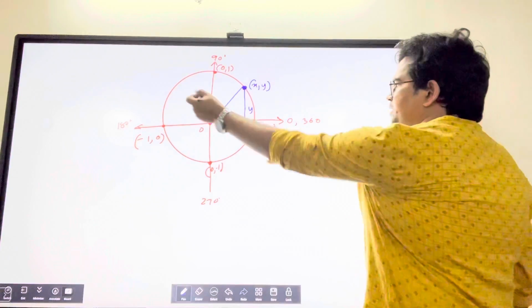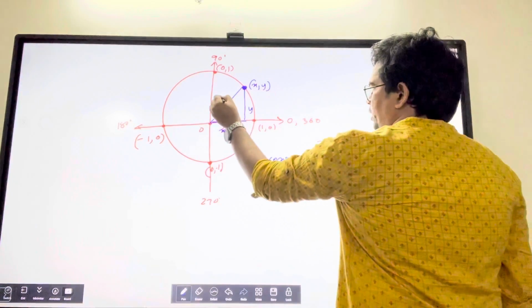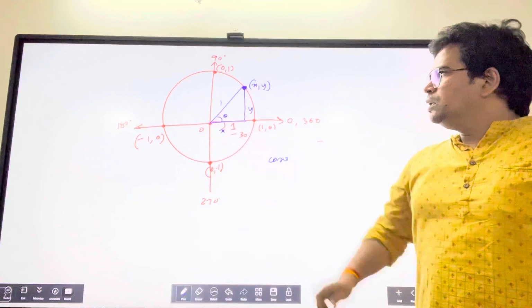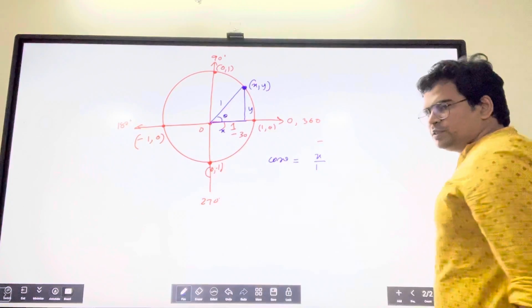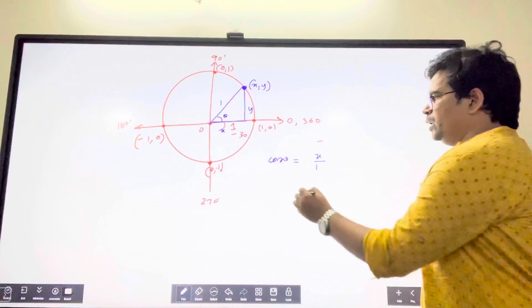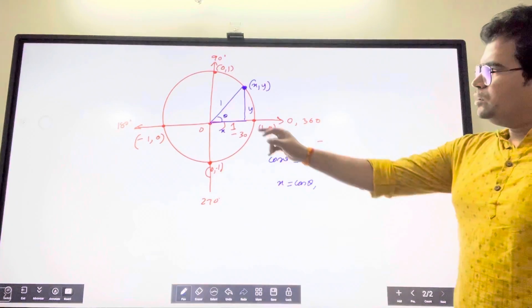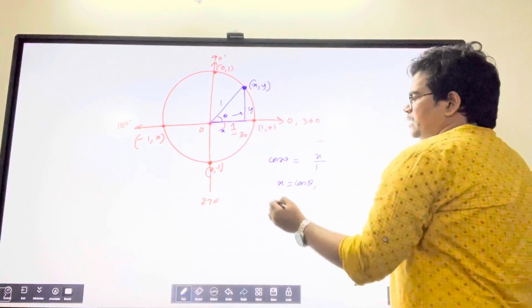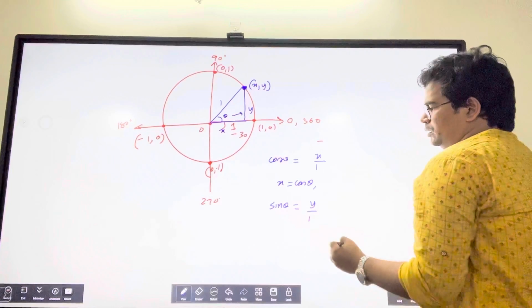So what we have is cos theta. If I apply this in the triangle, since the hypotenuse is 1, since it is the radius of the circle, cos theta is going to be adjacent upon hypotenuse, which is x upon 1. So x equals cos theta. Similarly, if you look at the opposite side, sin theta is y upon 1.